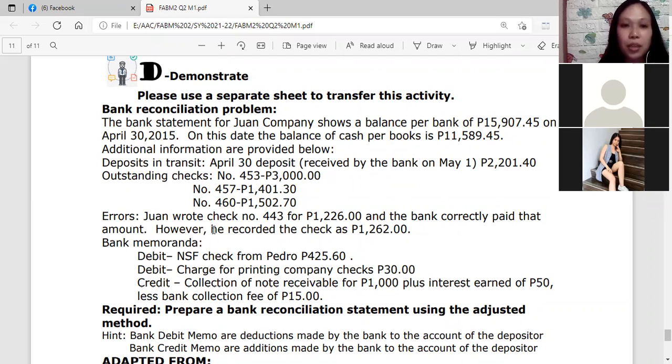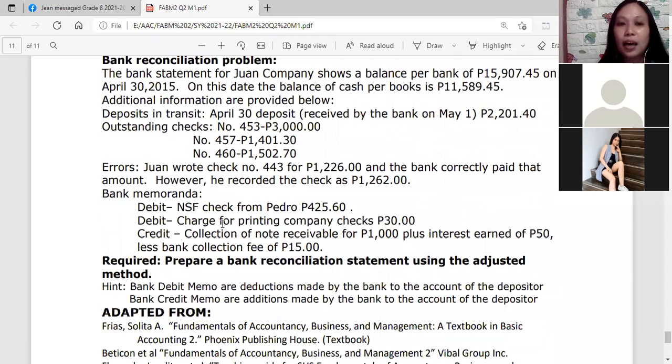What is the problem with the error? And then bank memoranda: NSF check, printing, interest earned. Okay? And then your bank reconciliation statement is now finished.